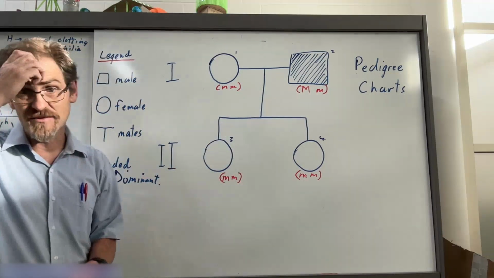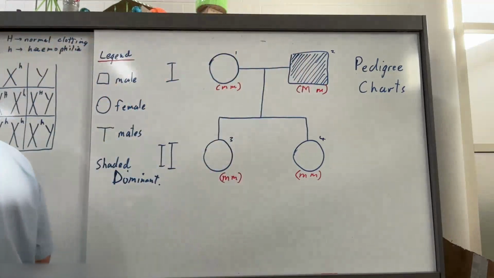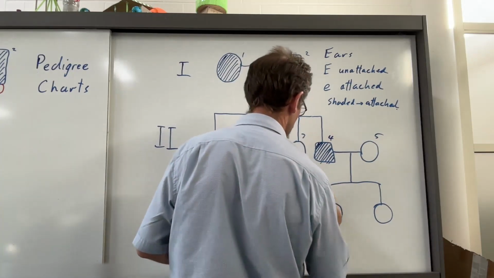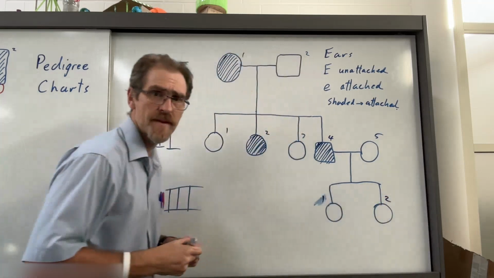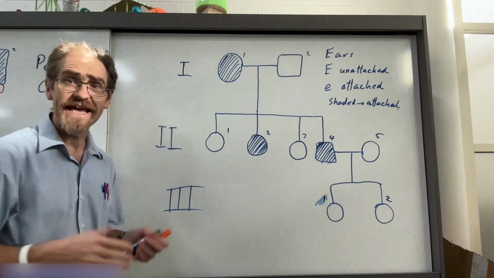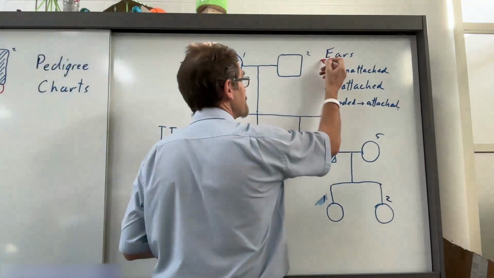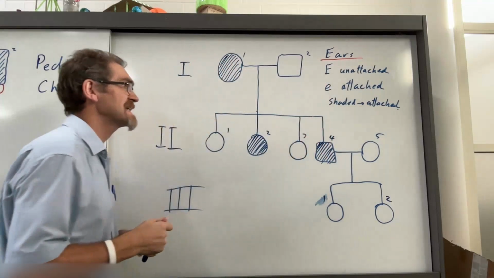Let's try something a little bit more interesting. Okay, so I've put together a pedigree chart for ears. In this particular case, we are going to say that ears have alleles capital E and lowercase e.